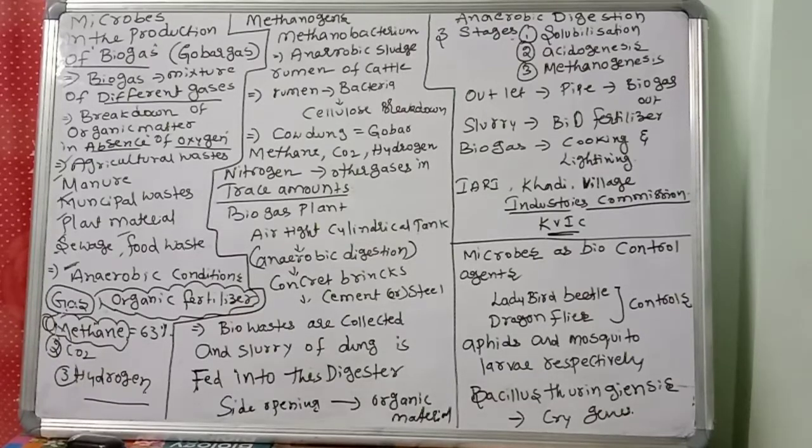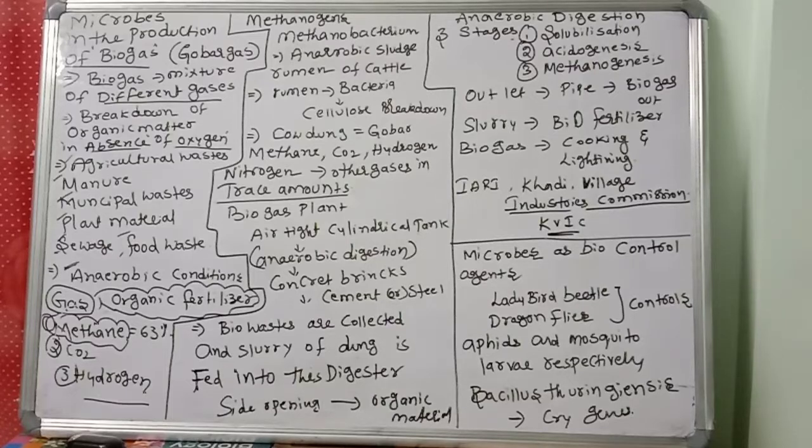These organizations help the farmers with the production of biogas, and biogas causes less pollution and brings more benefits. So these two are very important organizations encouraging farmers to produce biogas in the villages.